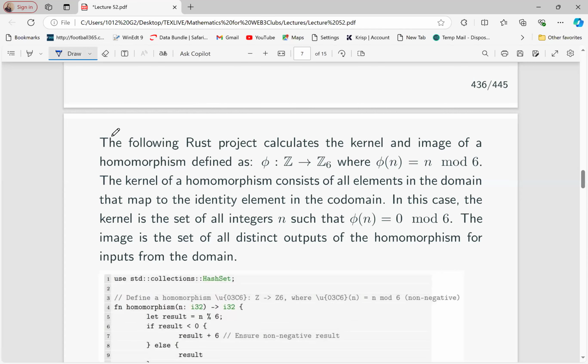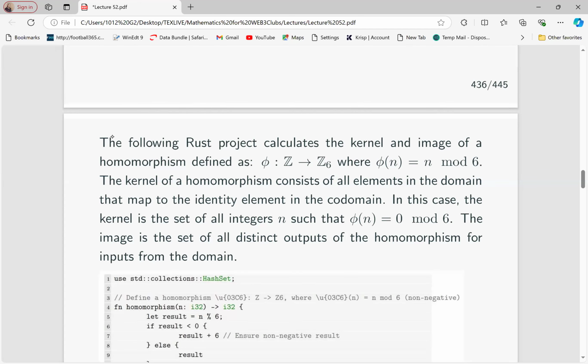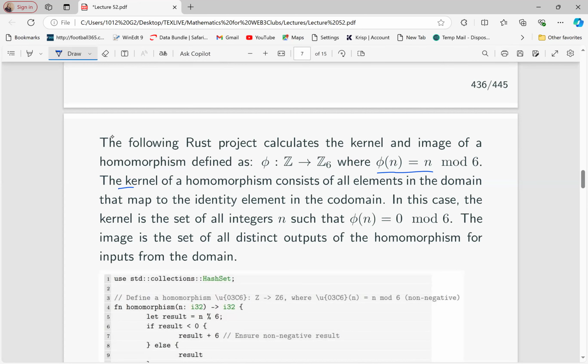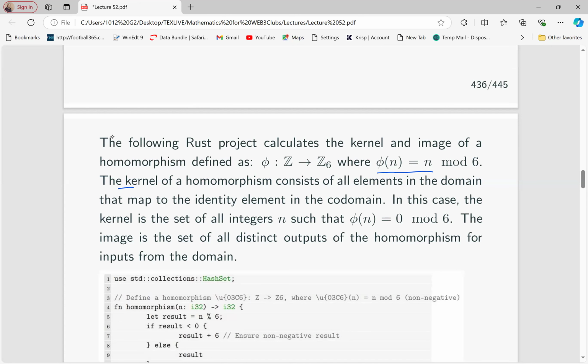So the following Rust code calculates the kernel and the image of the homomorphism defined as this, where this is the definition of the homomorphism. And this statement is just telling us the definition of the kernel, which you already have, that the kernel would consist of all elements in the domain that map to the identity.